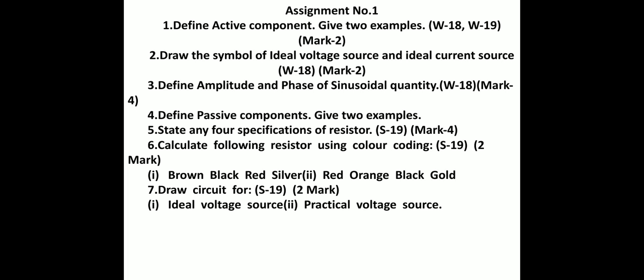Then the last point, integrated circuit. In integrated circuit, first, what is a discrete circuit? And next, what is an integrated circuit? The main topic in integrated circuits is the difference between analog integrated circuit and digital integrated circuit.